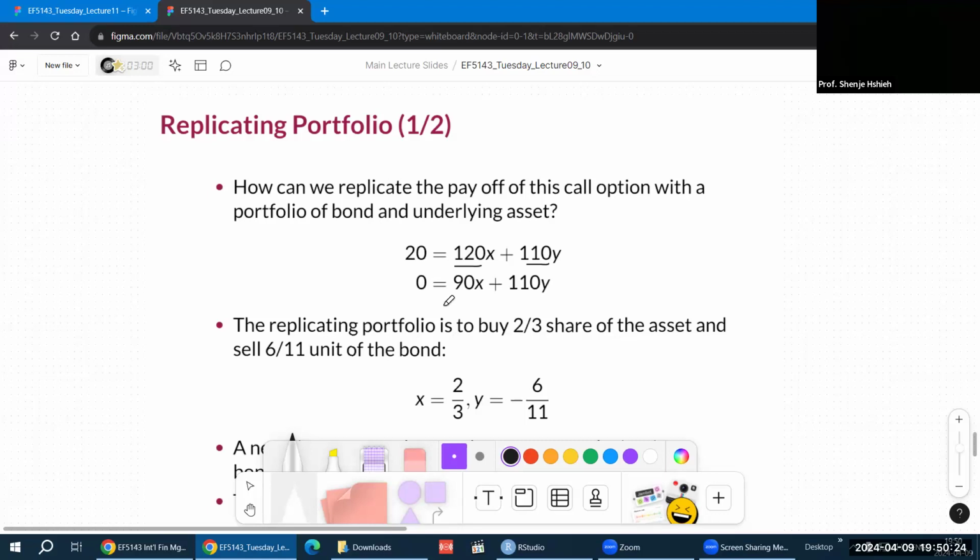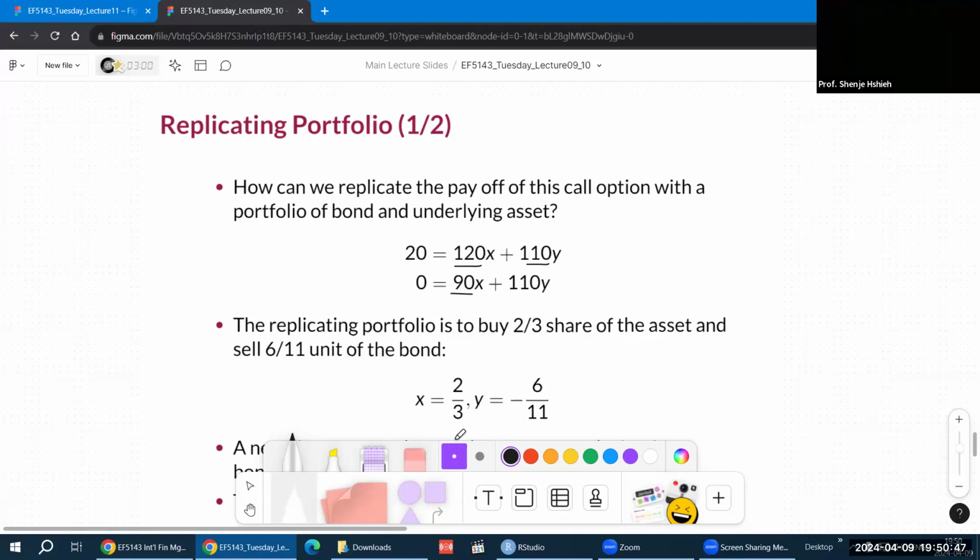So far so good. In the bad state, the risky asset will have a payoff of 90. I'm still going to hold X, because I have to decide today how much I'm going to hold. But my payoff for the bond is still 110 because it's riskless. So some weight for the risky asset, some weight for the bonds, two different states, two different payoffs.